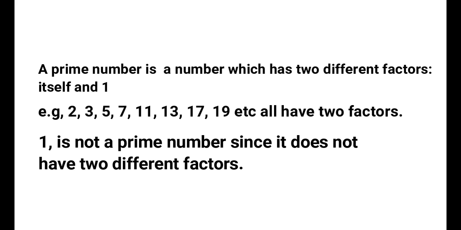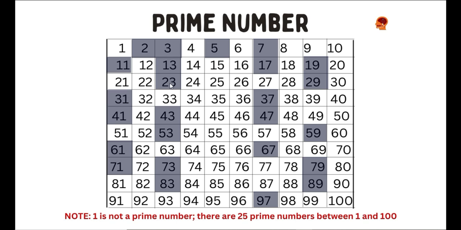Now let's look at this chart. This chart contains numbers from 1 to 100. The ones in light blue ink are prime numbers. There are just 25 prime numbers between 1 and 100.